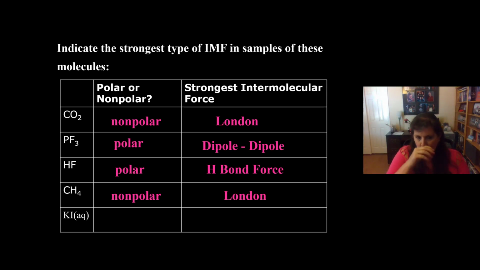What force is going to go with that? We have ions in polar water. You're correct if you said the ion dipole force, the strongest force. Good job. Be prepared to answer more questions like these on exams and quizzes.